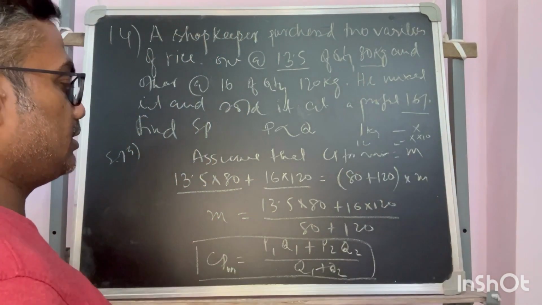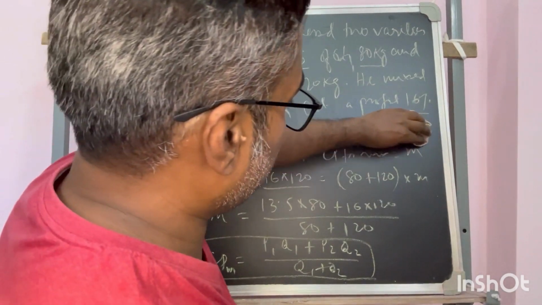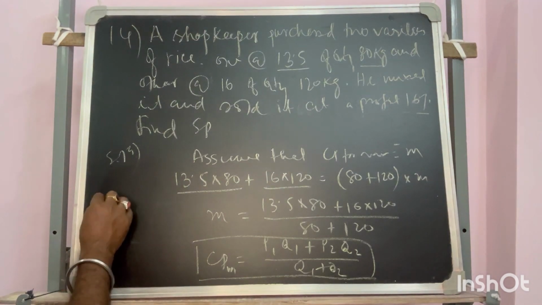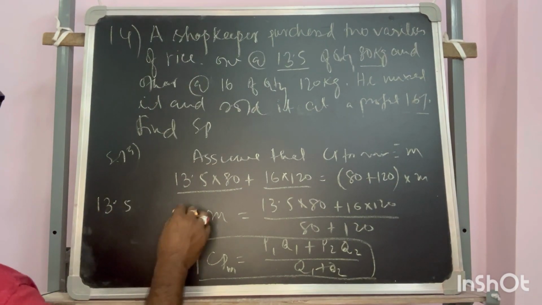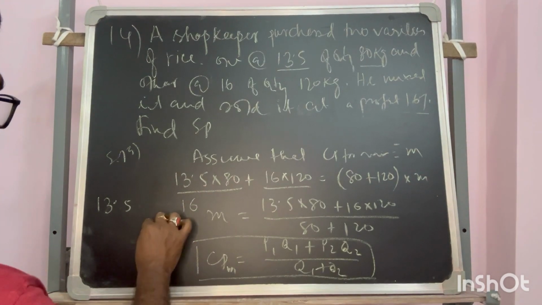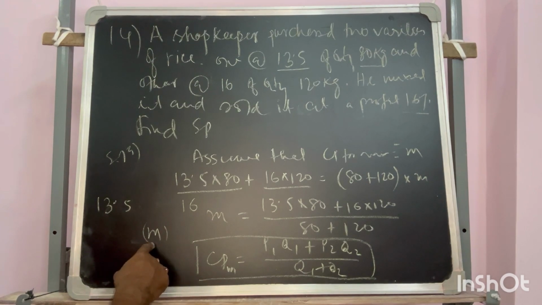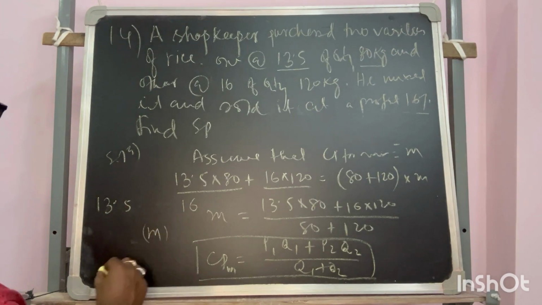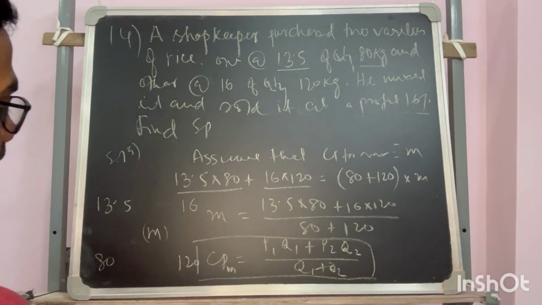This is unitarily related. Now, if it is unitarily related, it will follow the unitary method. In that case, we will represent it like this: the prices will be written side by side, M will be in the middle, which is the cost price for the mixture when the things have been mixed, and the respective quantities we will write here.